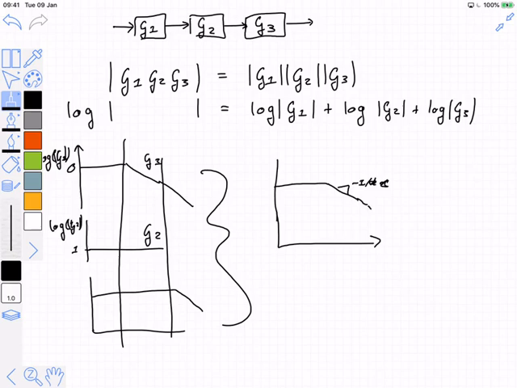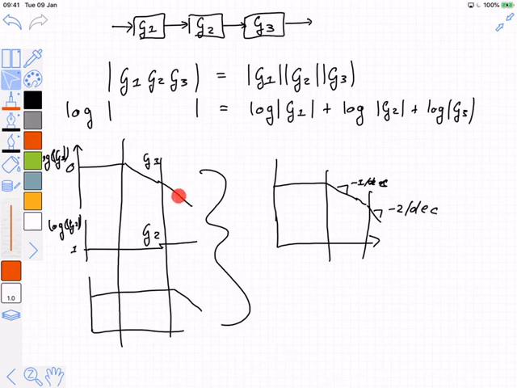And then I'll have a -2 per decade in this region over here. Because there I've got a -1 per decade, a 0 slope, and a -1 per decade. And so I hope by now that everybody's looking at that and saying, well, yes, that is super obvious, right? Definitely picturing the sums of piecewise linear graphs should be, at this point to you, entirely trivial.